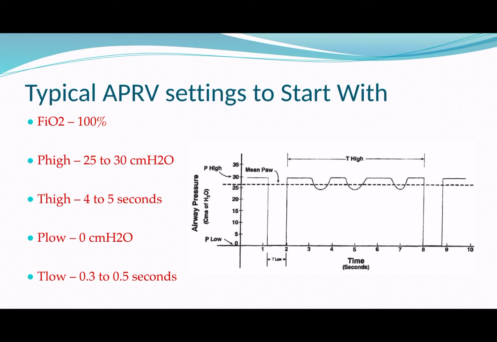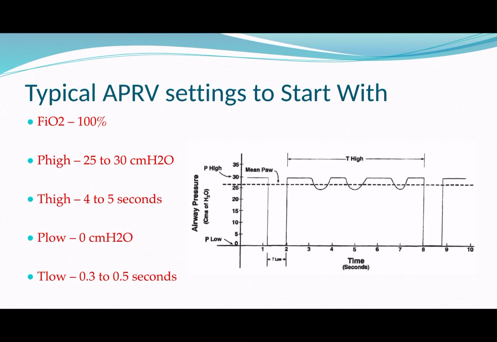The P high is that high pressure that you want to keep the lungs nice and expanded. Generally speaking, do not go above 30 centimeters of water. Most people set a limit in their heads of 25 centimeters of water. You can start between 20 and 25 for most patients. Be wary, especially if a patient is hemodynamically unstable, if they're hypotensive, because if you suddenly increase the intrathoracic pressure, you can decrease venous return to the right side of the heart.